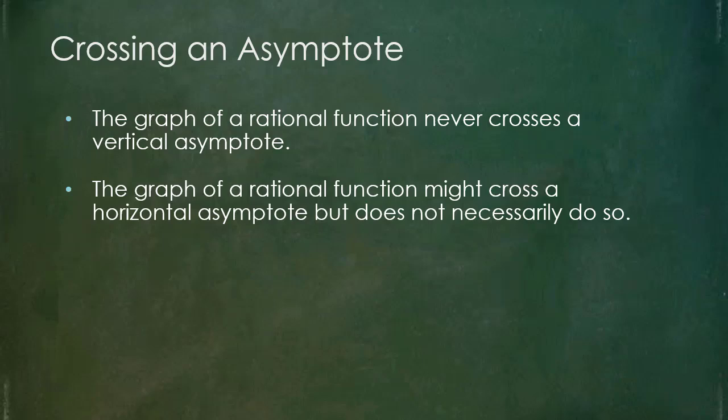So as I've mentioned multiple times throughout this video, the types of asymptotes you cannot cross are the vertical asymptotes. So we're never going to cross vertical. If I need to cross over a horizontal or oblique, I guess I should also include or oblique.